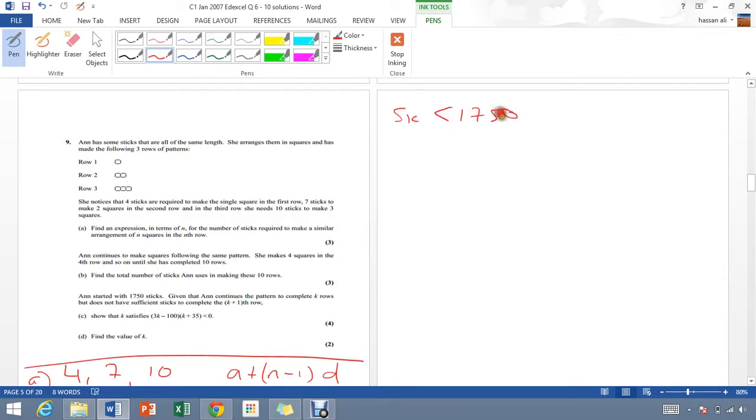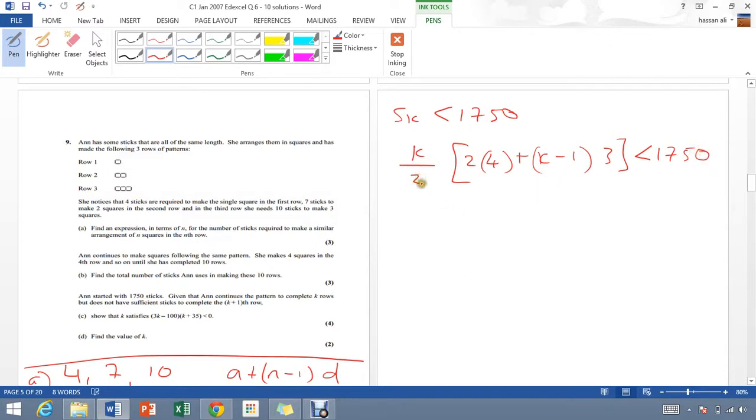It's the same formula that we use, but this time we're going to use k: k over 2, times 2a plus (k minus 1) times your d, which is 3, and all of this has to be less than 1,750. So it's an inequality in here as well.